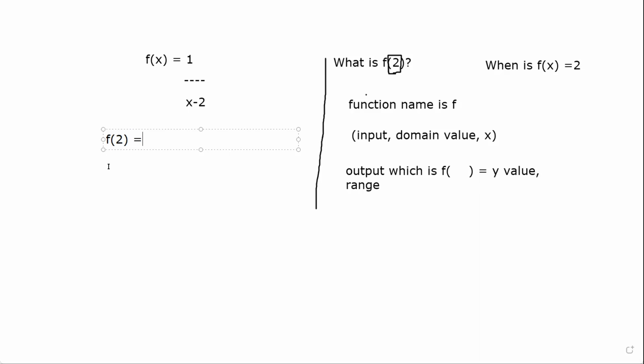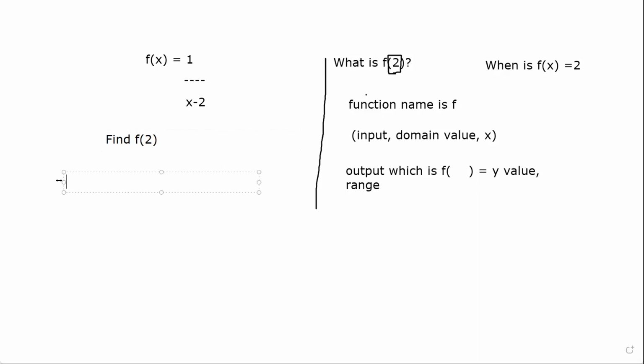So my question to you is, if my question is find f of 2, one of these is going to be the correct procedure, one of them isn't.